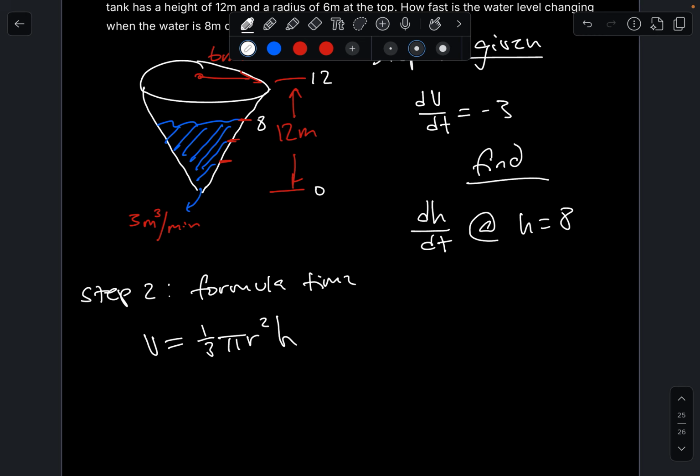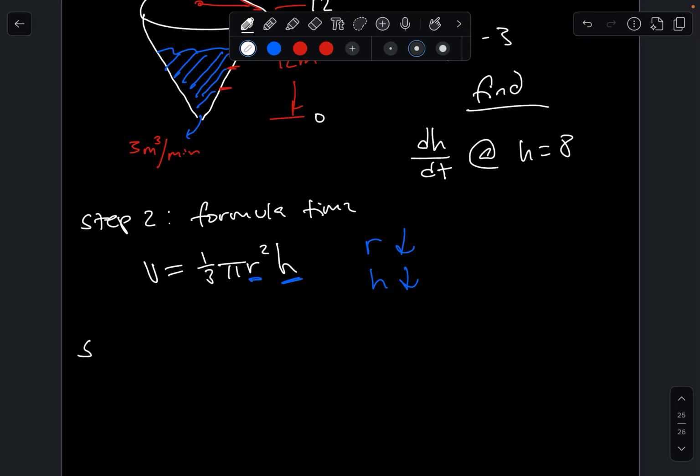This formula has both radius and height, and both of them change as the water level changes, right? As it decreases, the radius goes down and the height goes down. So before we differentiate, we need to rewrite everything in terms of just one variable to make it simple.